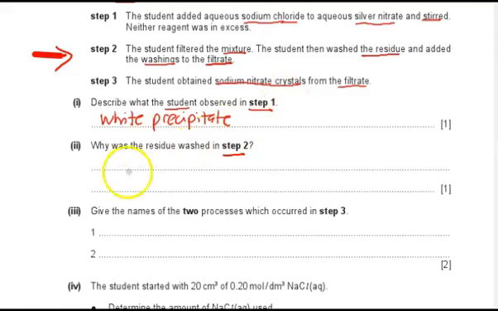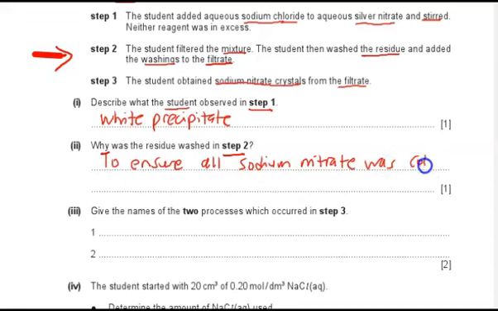They wash it to ensure all the sodium nitrate was collected, because it is soluble in water, so they wash it. Now number 3, give the name of the two processes which occur in step 3.